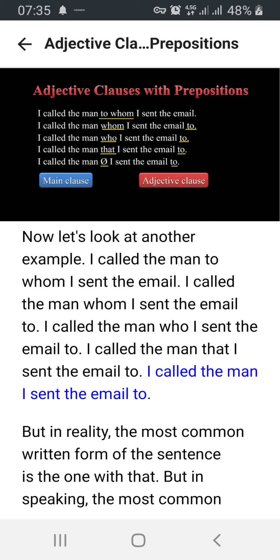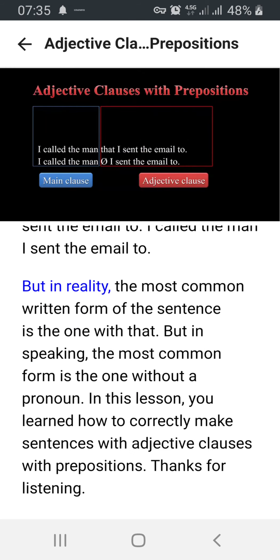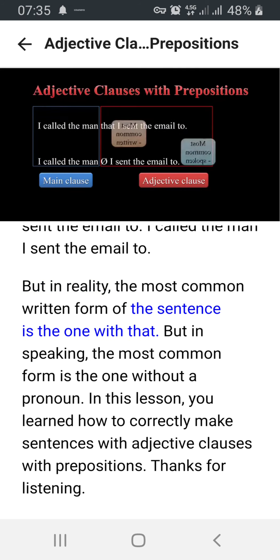I called the man I sent the email to. But in reality, the most common written form of the sentence is the one with that. But in speaking, the most common form is the one without a pronoun.